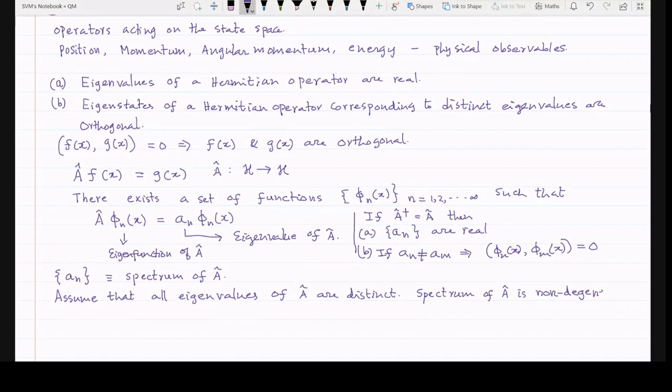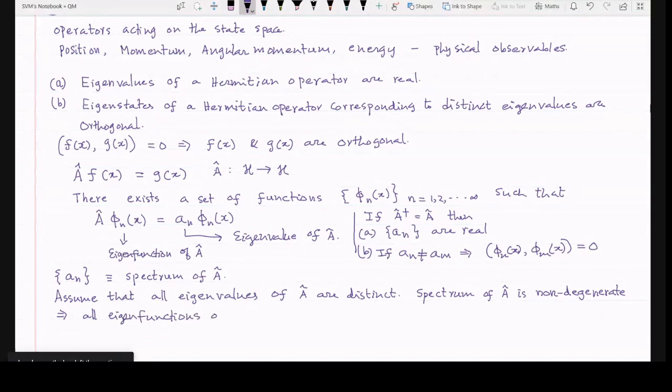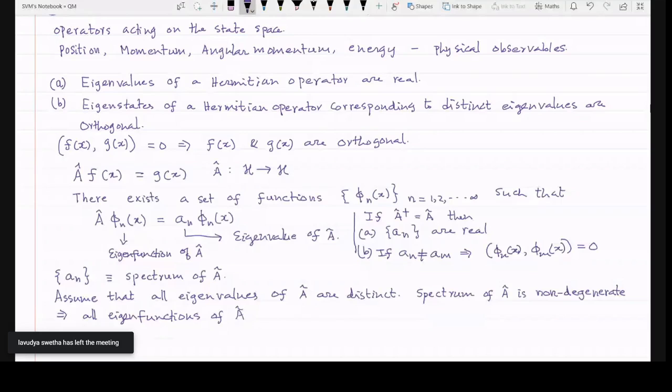So we say that A has a non-degenerate spectrum. That means all eigenvalues are distinct. So this implies that all eigenfunctions of A are orthogonal.